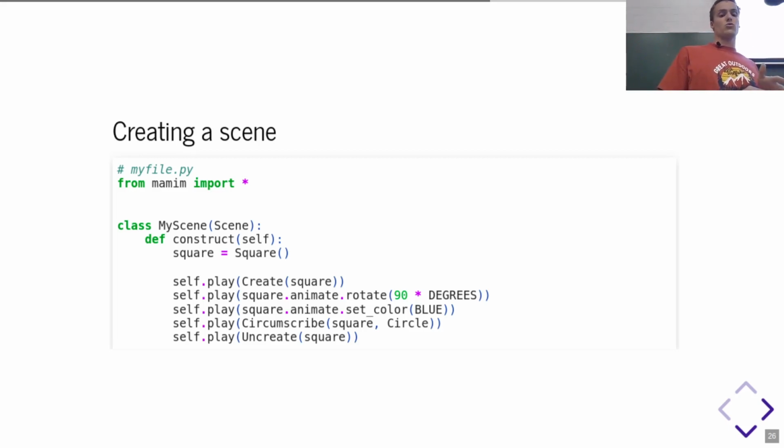Here, I'm just going to create a square from the Square class. Then I will play animations with the self.play method. The first one is going to create the square, then we will animate a rotation, then we will change the color, then we will do other fancy stuff. And you can add or remove any of those if you want to try different combinations.